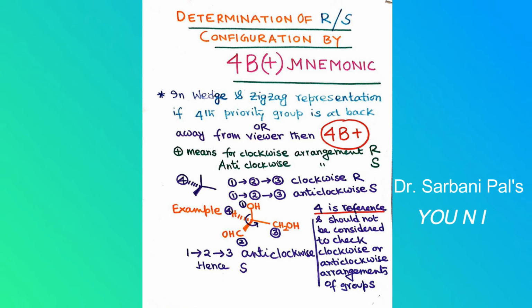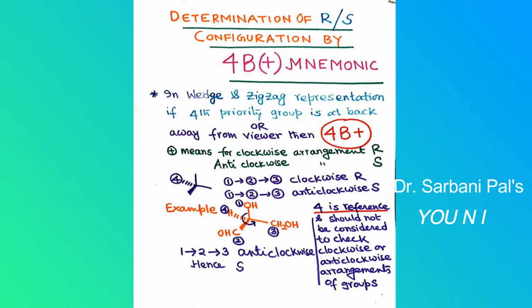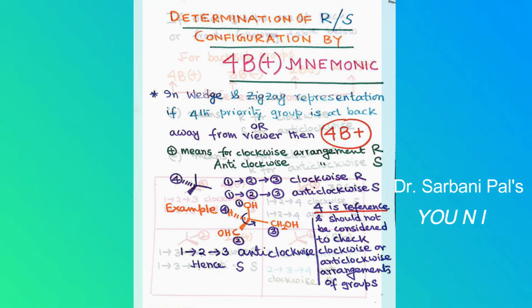So now in order to determine the absolute configuration of this compound, we can apply 4b plus mnemonic because the fourth priority group is at the back. Now OH to CHO to CH2OH means 1, 2, 3. This arrangement is anti-clockwise. So therefore the absolute configuration of this will be S.